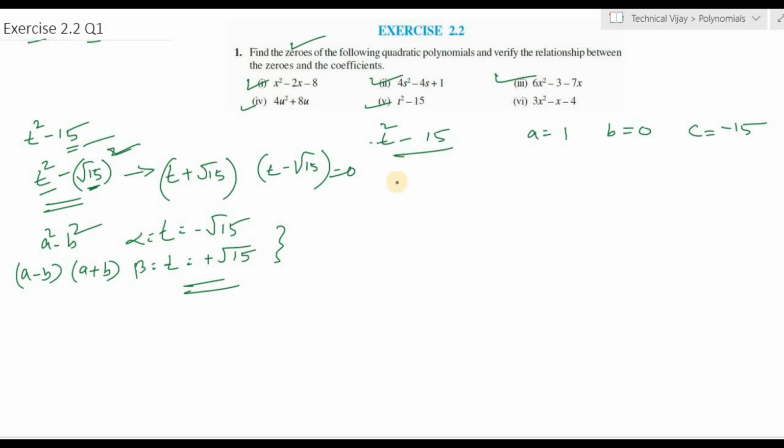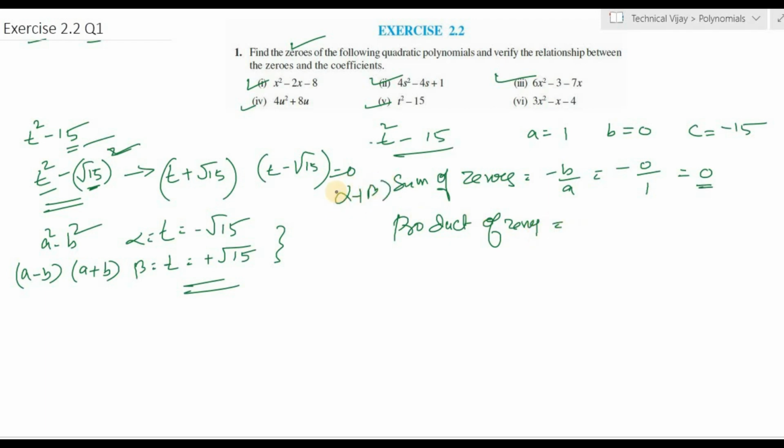Now sum of zeros is equal to minus b divided by a. So minus 0 divided by 1 equal to 0. Product of zeros, this is alpha plus beta, this is alpha beta. Okay, so c by a, c is minus 15, a means 1, so this is equal to minus 15. Now here we know alpha and beta, so we will verify with this one.